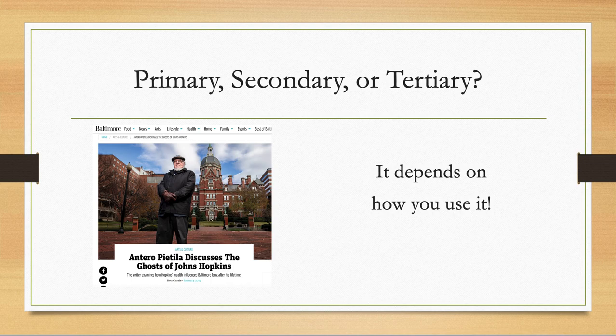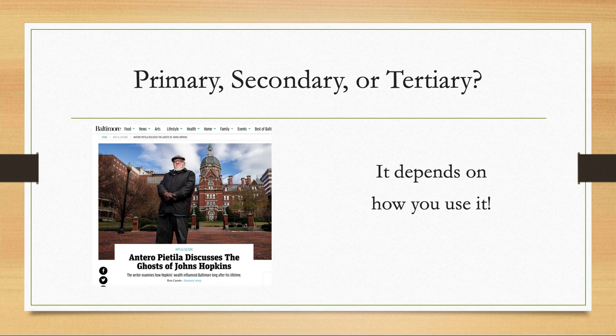Actually, it depends on how you use it and what questions you try to answer with it. Piattilla's book is itself a secondary source, and this is a review of it, so it's a tertiary source, right?